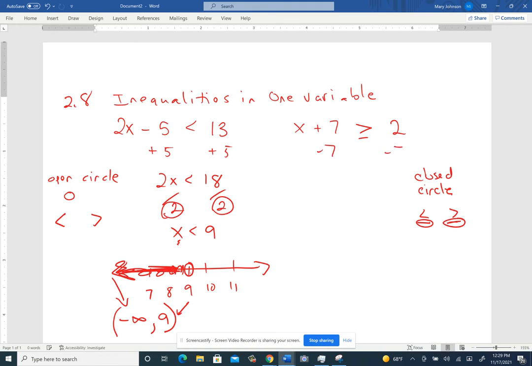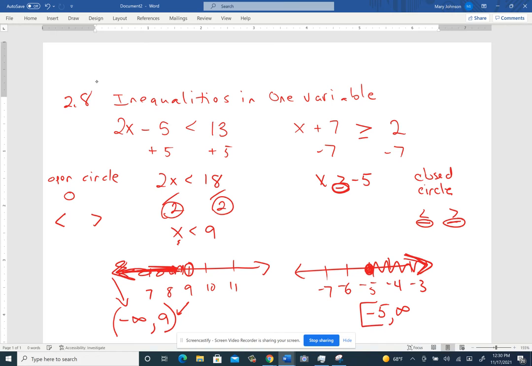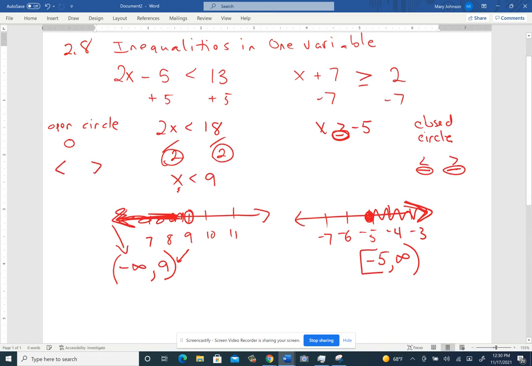So like after we subtract 7 and get x is greater than or equal to negative 5, when you graph that one, you had to decide which side to shade. It would be to the right because your solutions are bigger than negative 5. But because it said or equal to, you put a closed dot on the negative 5. So you had negative 5 all the way to infinity being your solution, and negative 5 was included. So you put a bracket on it.